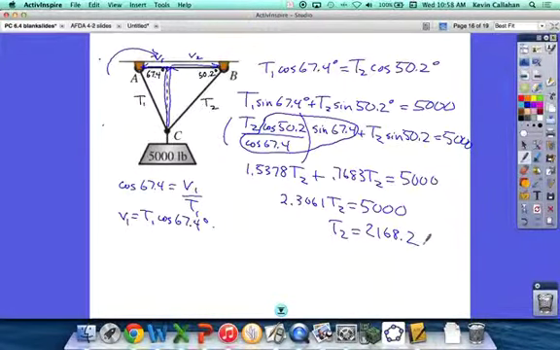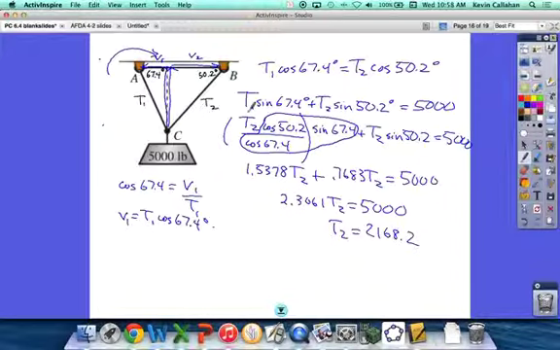Okay, how are we going to find the T1 now that we know T2? Yeah, you're going to go up to this first equation and plug in for the T2 and solve. It's actually this whole thing right here was the T1.